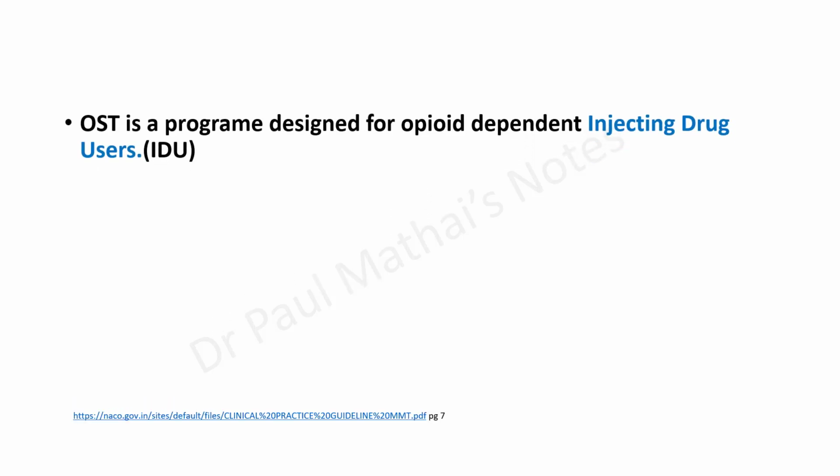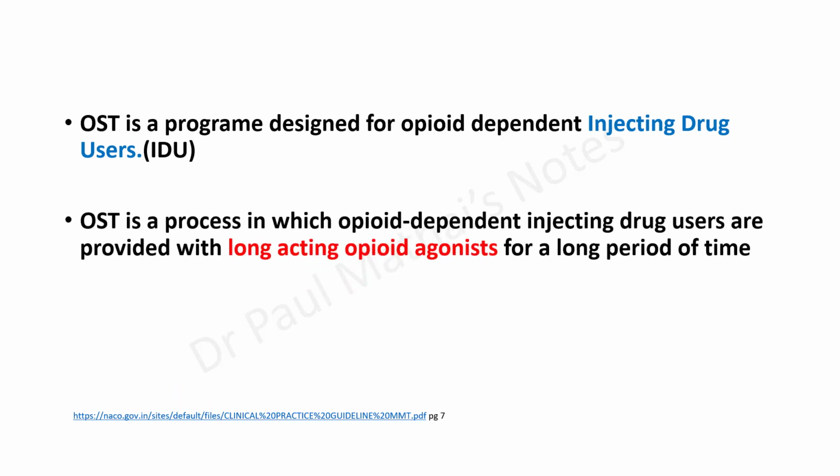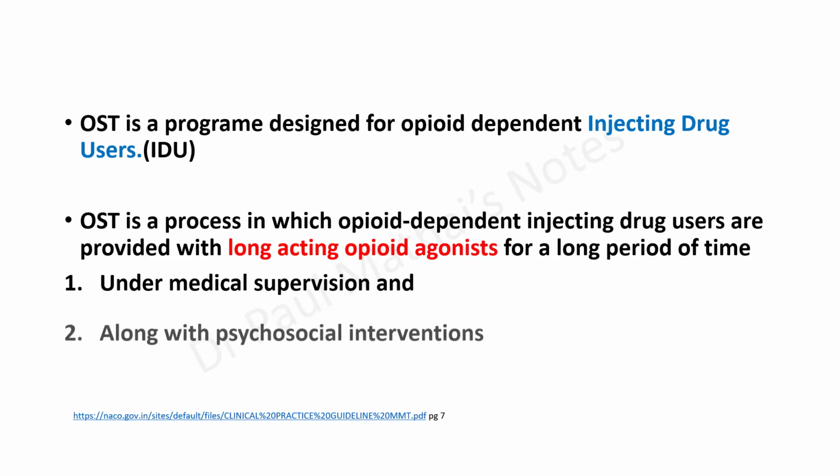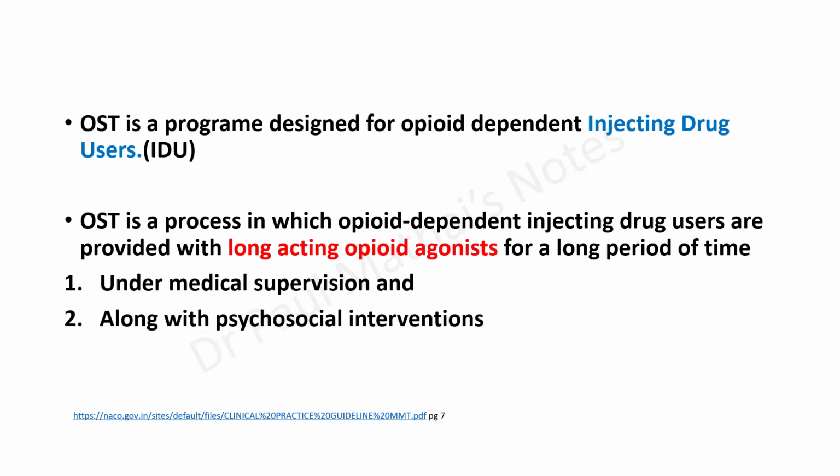Now, opioid substitution therapy is a program designed for opioid-dependent IDUs, or injecting drug users. OST is a process in which opioid-dependent IDUs are provided with long-acting opioid agonists for a long period of time under medical supervision and along with psychosocial interventions.